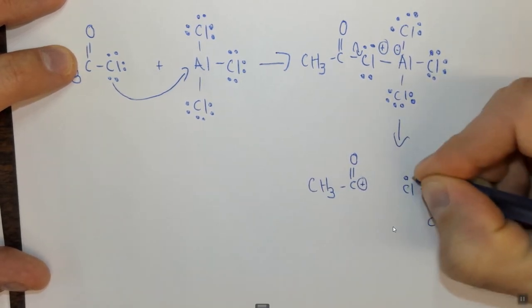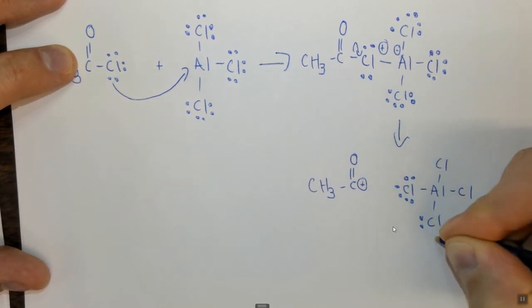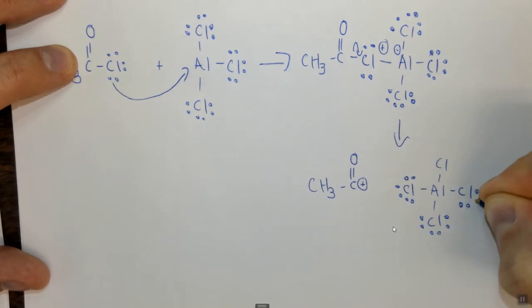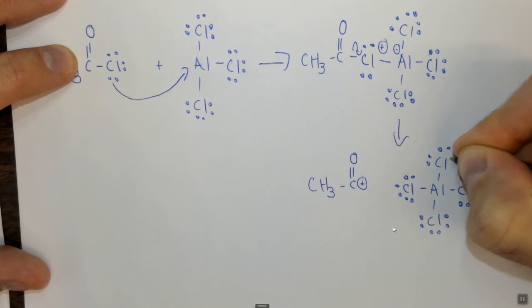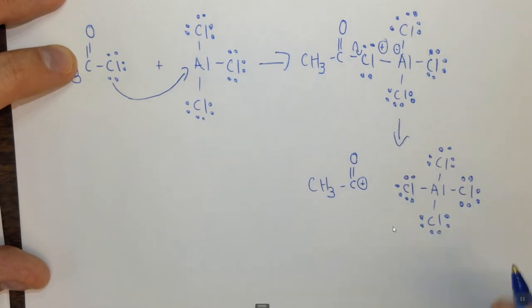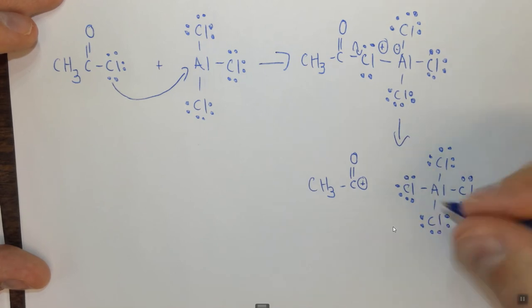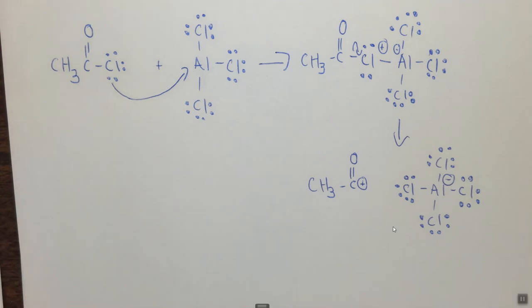So aluminum with 4 chlorines on it, like this. This aluminum here is going to have an extra electron around it, so it's negatively charged.